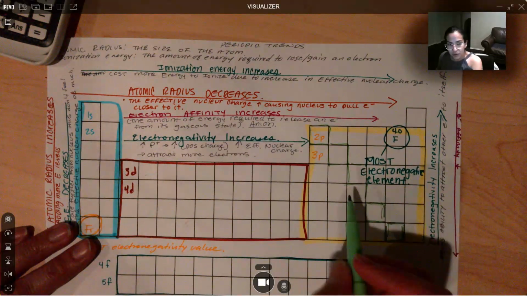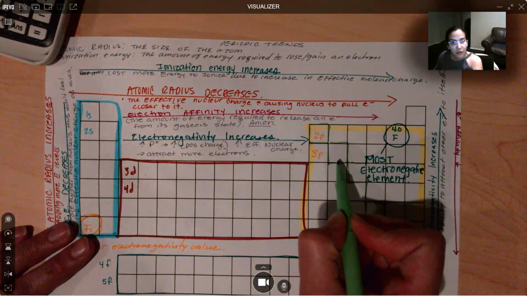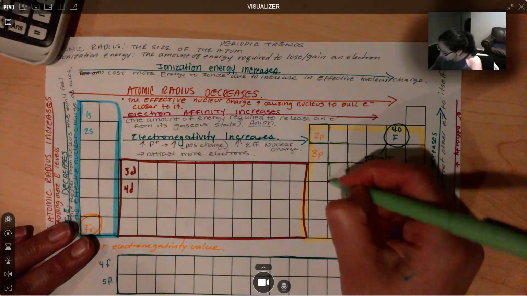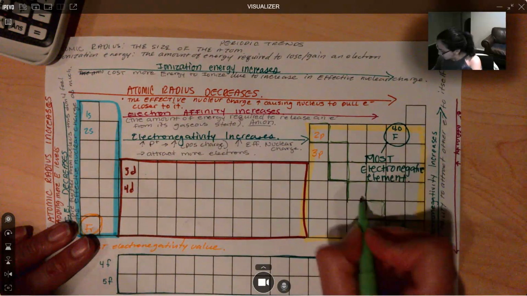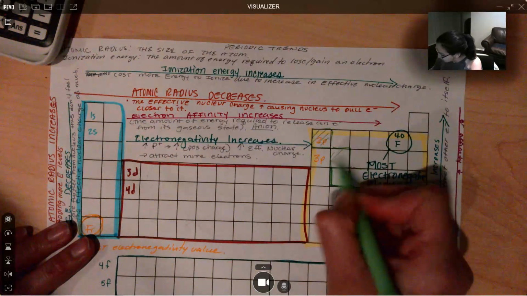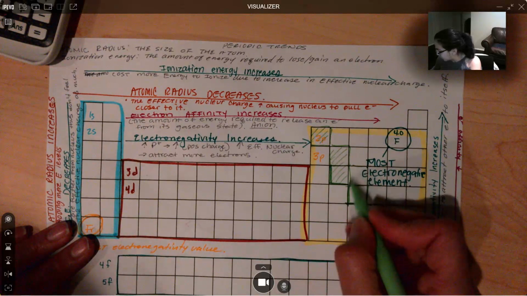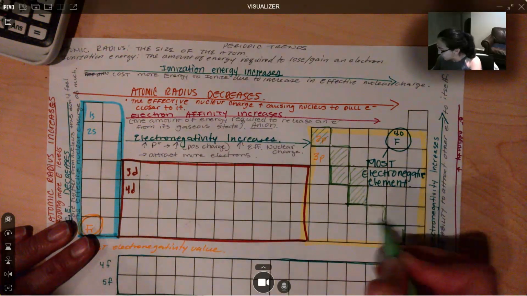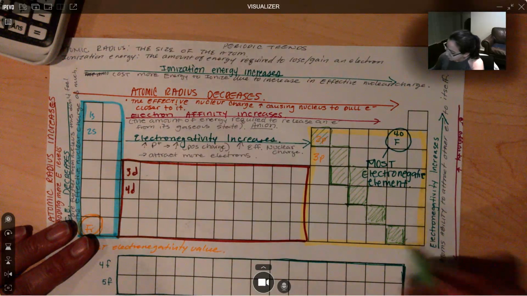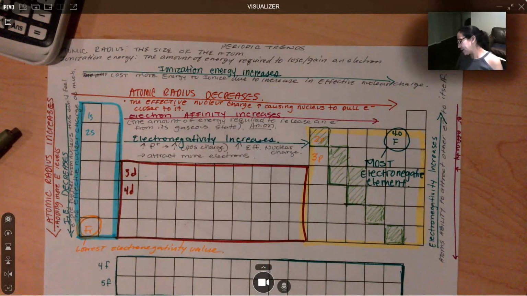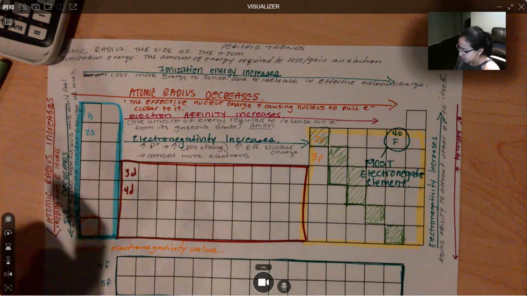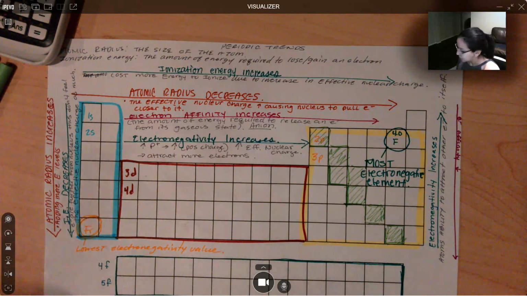All right, so I'm just making sure I got them correct, and these two here. All right, these are your metalloids. Okay, metalloids, one more time, exhibit metallic and non-metallic abilities.